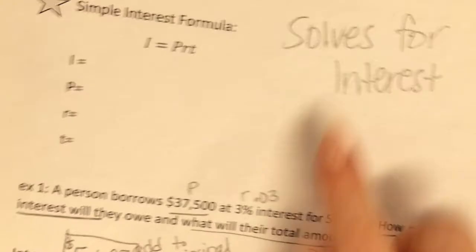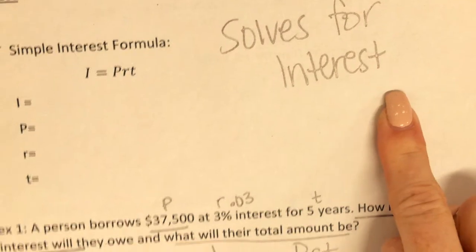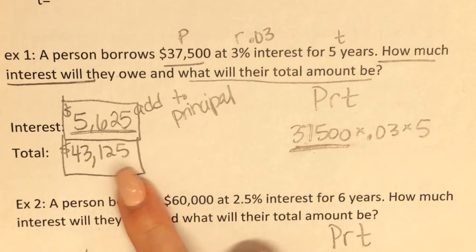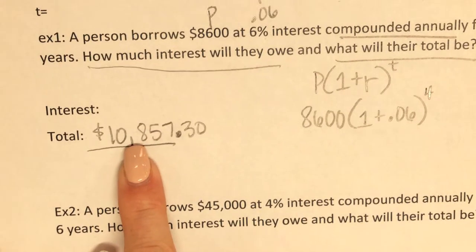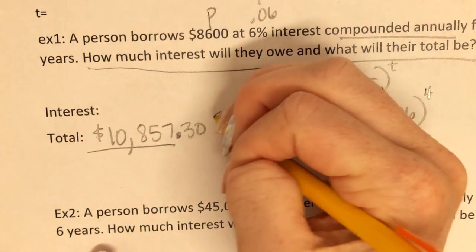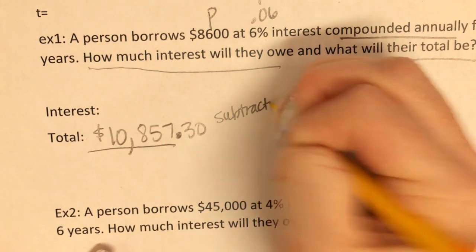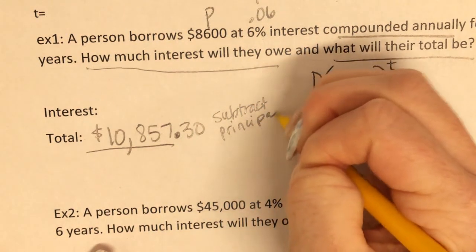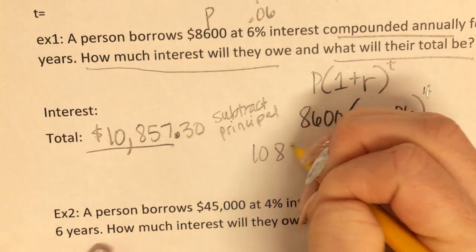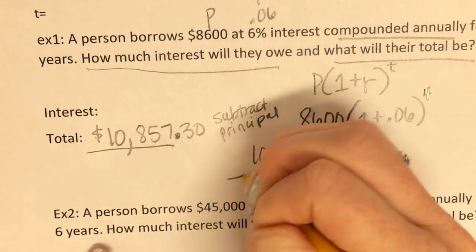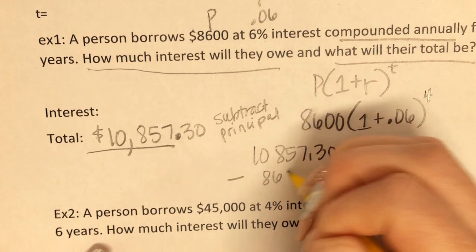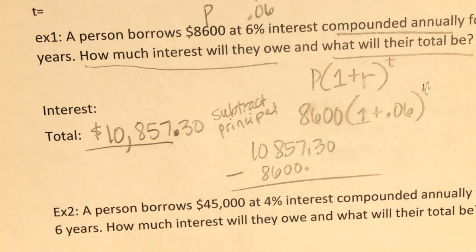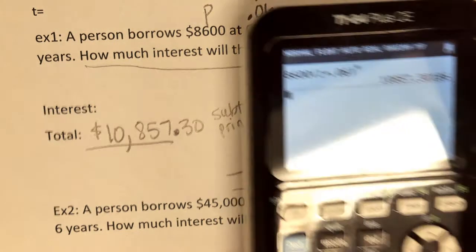On the simple one, we solve for interest, so to get the total we added, but on compound they gave us the total, so to find interest you subtract the principal. So I'm going to do $10,857.30 minus $8,600, and that will tell me my interest.